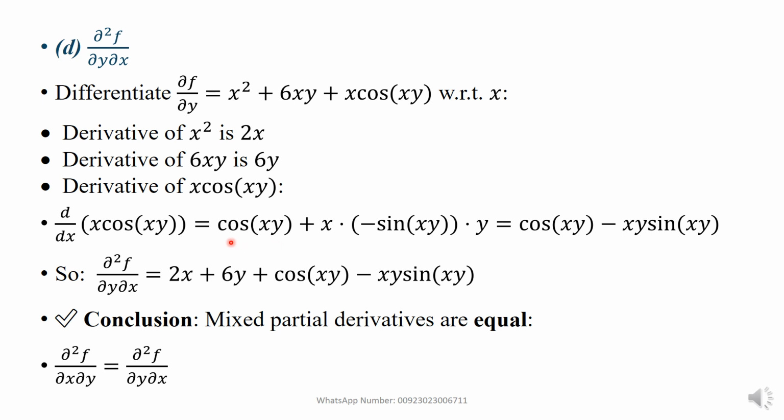After simplification we find the answer. Conclusion: the mixed partial derivatives are equal. Partial squared f upon partial x partial y equals partial squared f upon partial y partial x.